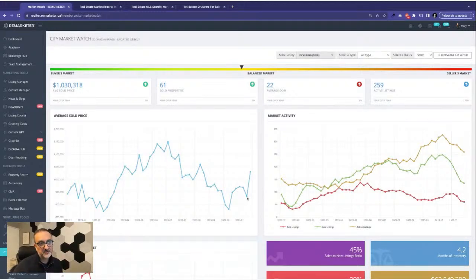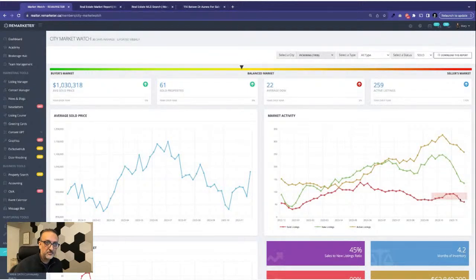So you see that price increase that we expected? It did happen. So you can see how you can really start predicting there. So the decline is continuing in the number of new listings. The decline in active listings is continuing as well.